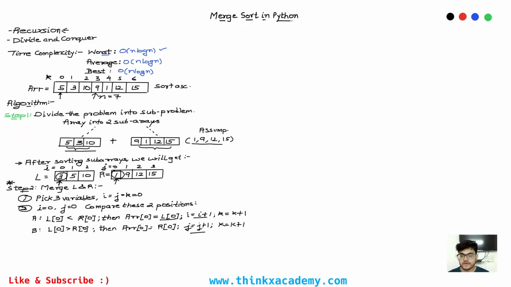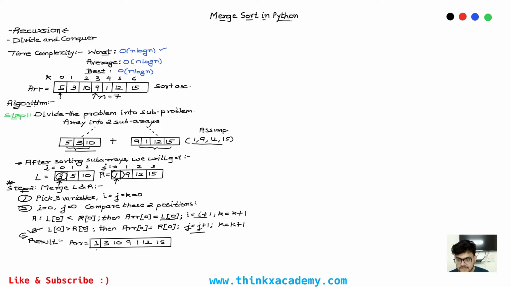Before moving to the third iteration, here you can see that in our case 3 is greater than 1, so this case will be applied, which is case number B. So when we apply this case, what is the result that we are going to get? I'm going to write it here, that the resultant array is actually this.